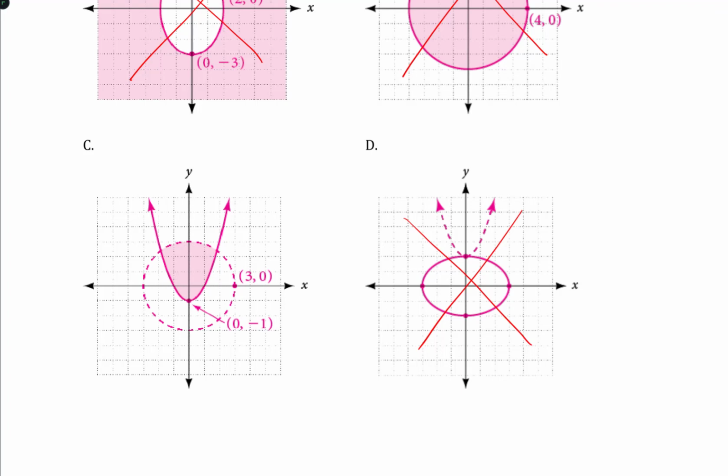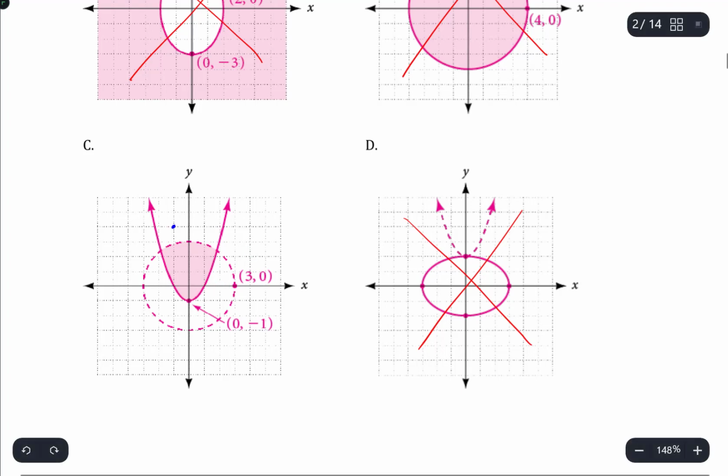Well, one thing you could do is pick a test value in every single one of these regions and see which one works for both equations in the system. Or what we could do is just treat them separately.